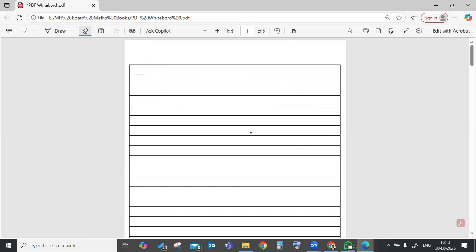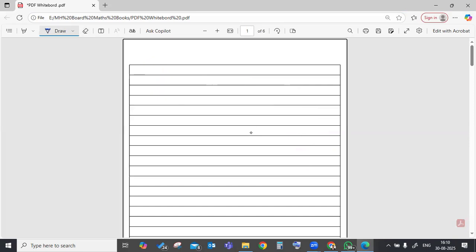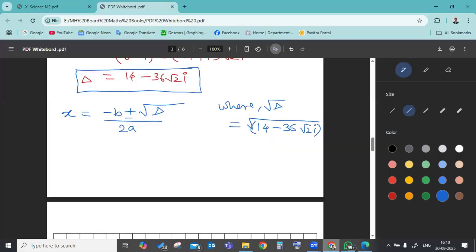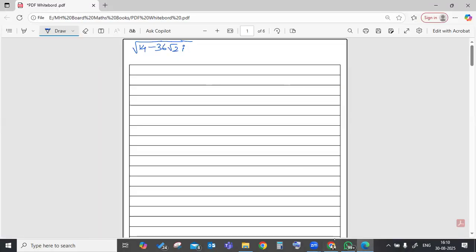Now here we find the square root of a complex number, the square root of 14 minus 36 root 2i. This square root we need to find first. Okay. So let this square root be x plus iy, right?